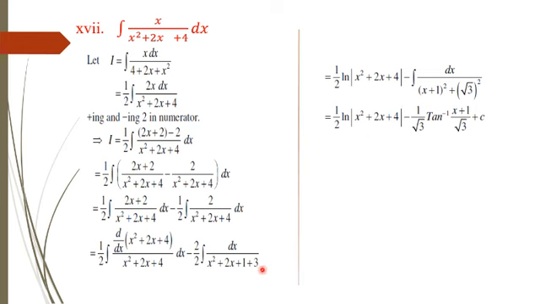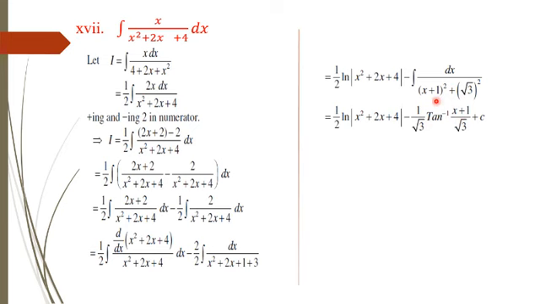And this 3, if we want to write it in the form of a square, can be written by taking the square root and applying the square, which means the square cancels out with the square root. So x plus 1 whole square plus square root of 3 whole square, and we know that the integration of x square plus a square is 1 over a tan inverse of x over a.